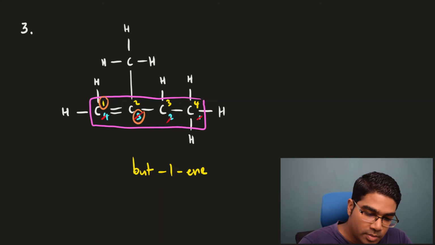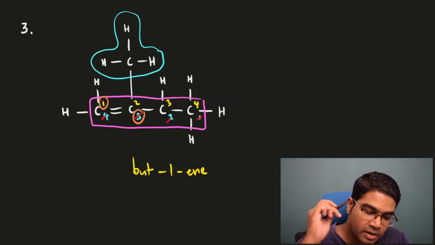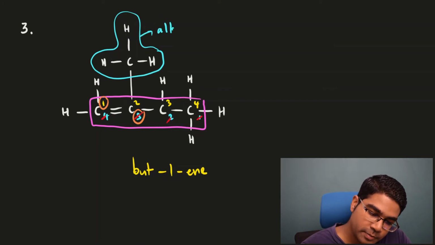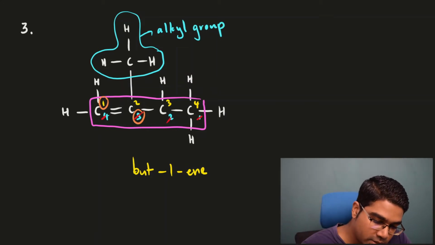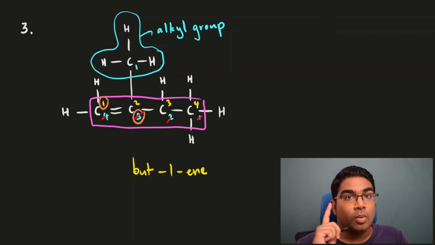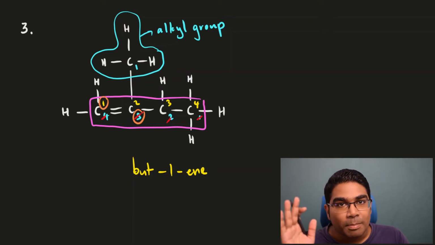So what do we do about this? Now, this is known as the branch chain. The branch chain is actually an alkyl group. The naming of the alkyl group depends on the number of carbons in the alkyl group. In this case, we only have 1 carbon. For 1 carbon, the prefix in organic chemistry is meth.